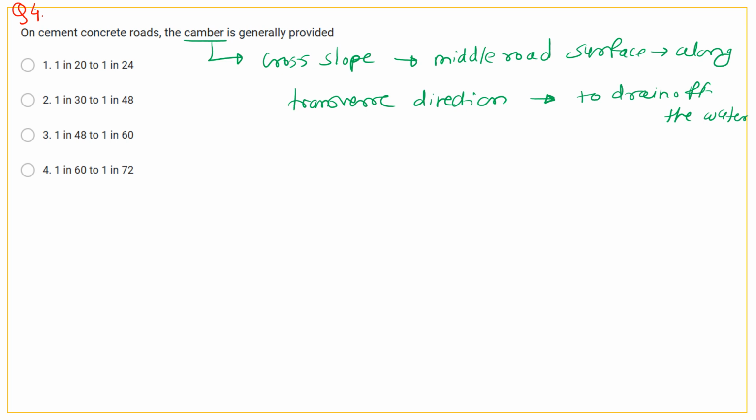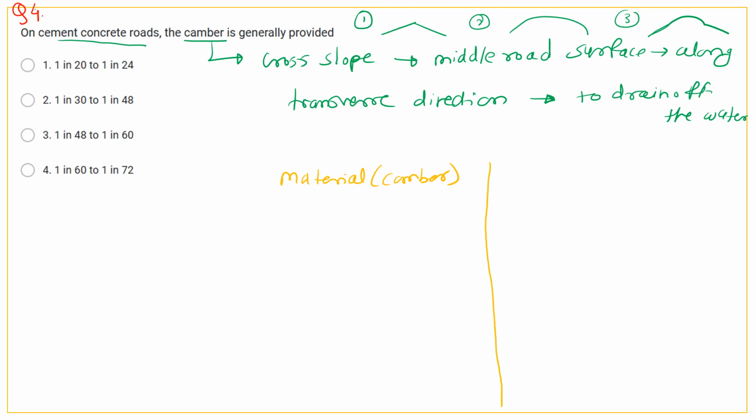This camber is of 3 types. First is straight type camber, second parabolic camber, and third is composite camber. So these are the 3 types of cambers. Then next, here they ask about the cement concrete road. Based on material there are 4 types of cambers. The values are different for heavy rainfall and different for light rainfall.